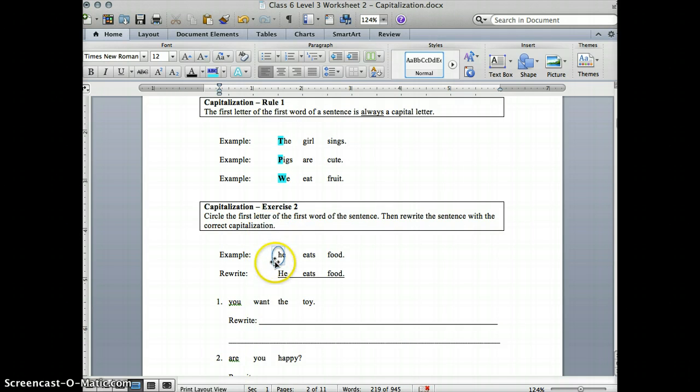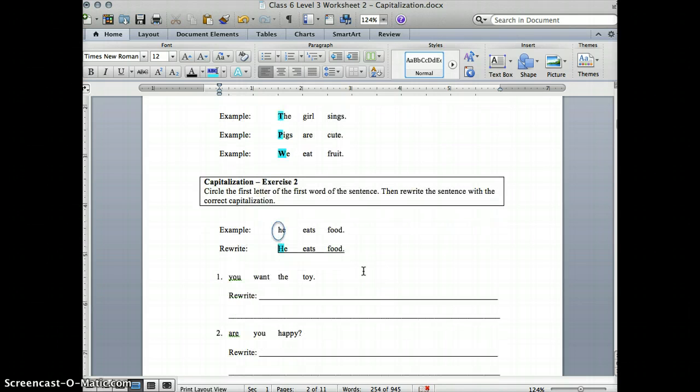And that is not what is happening here. The first letter of the first word is not capitalized here. So we have to go back and fix that. So that's why when we rewrite the sentence, we have a capital H instead of a lowercase h. And that's what we're going to be doing for the rest of these problems. So let's try number 1. What is our first step to do in this sentence?